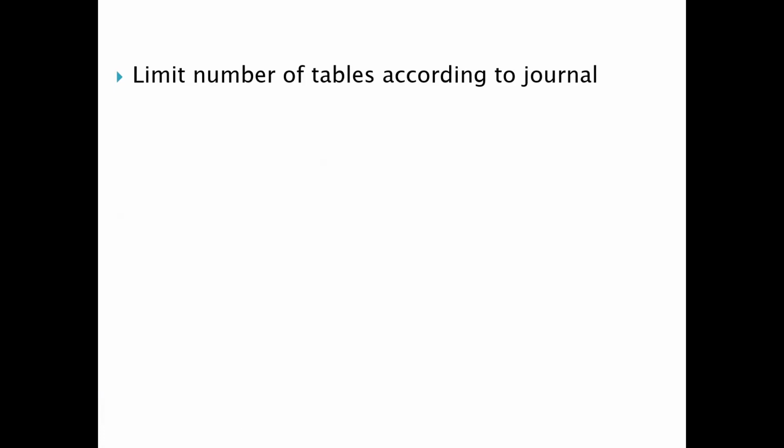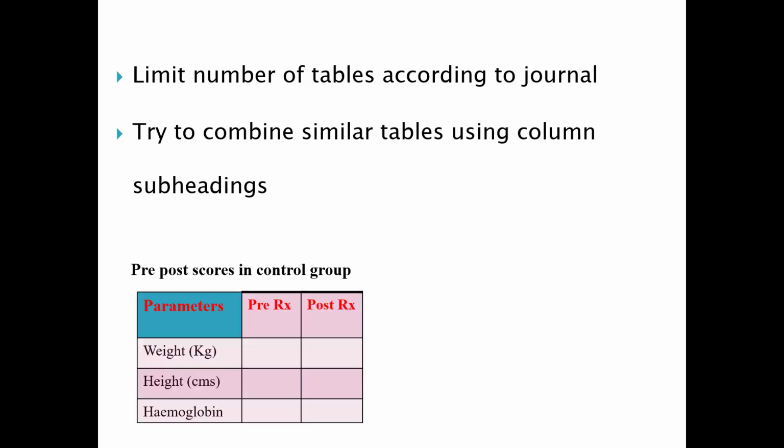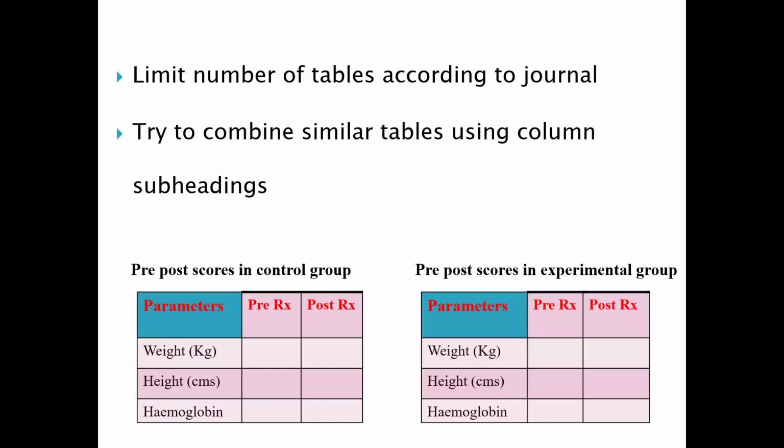So you should know how to use tables effectively. If there are too many tables, you have to try combining some of the tables which have similar column headings. For example, if you have one table explaining scores in a control group and another table about the scores in the experimental group, we know these tables can be combined.